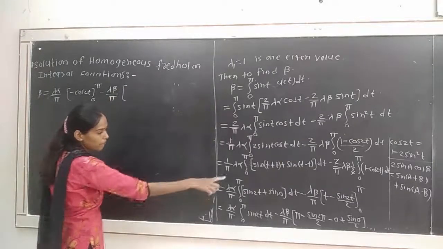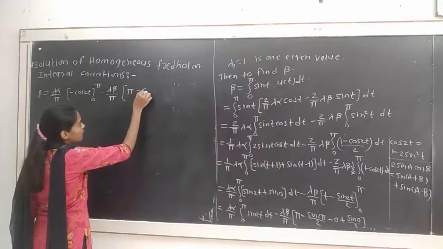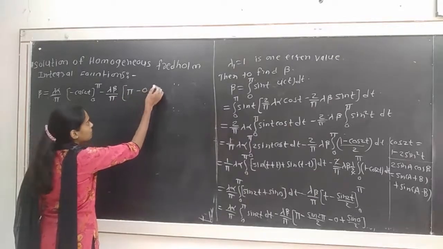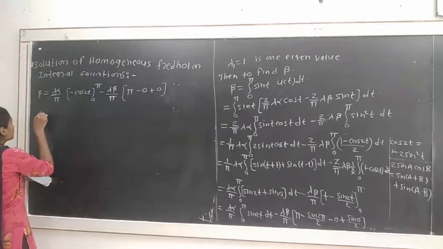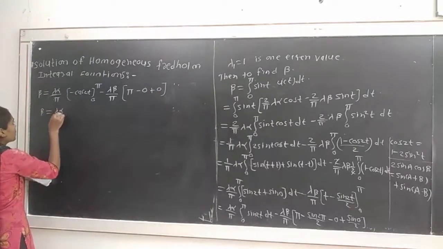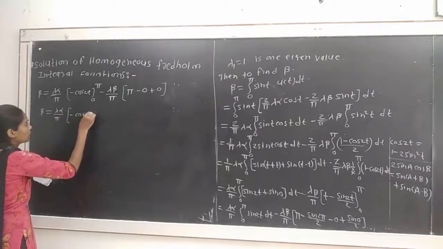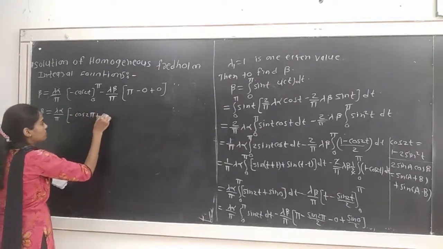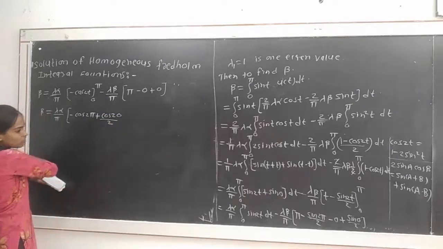Here pi minus sine 2 pi will be 0, so minus 0, and all other terms, that is again sine 0, will be 0. So beta is equal to lambda alpha divided by pi times minus cos 2 pi. By putting limits, plus cos 0 divided by 2.